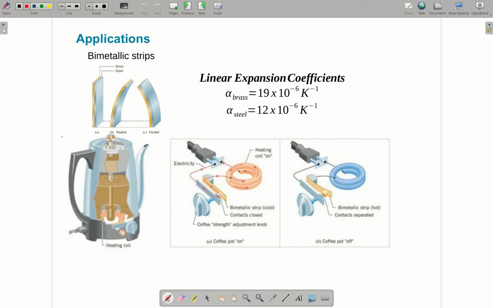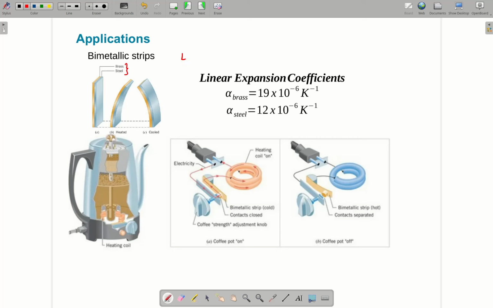For example, one very interesting idea is the automatic on and off switches we use for heating water in coffee makers and so on. The idea is putting two different metals together, here we have brass and steel, that have different expansion coefficients.